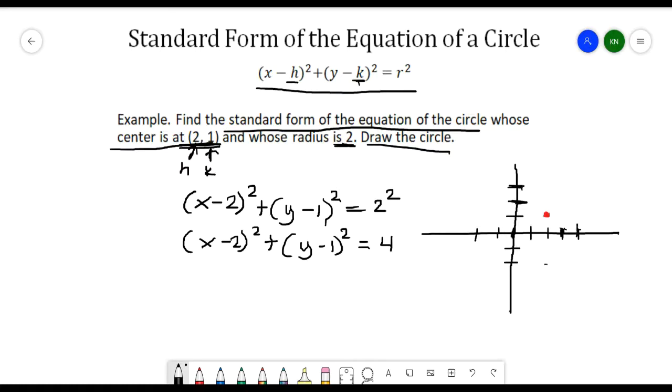Assuming this is a perfect circle, everyone, this is our circle, and the radius is this. This is 2 and this is 2, at any point in the circle.